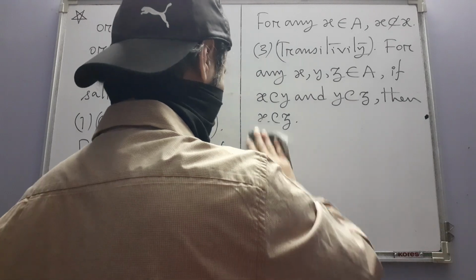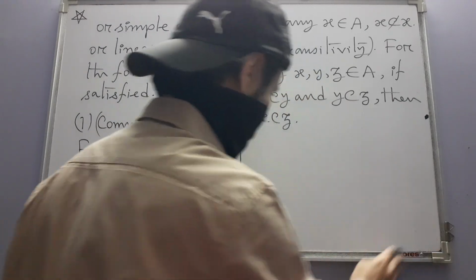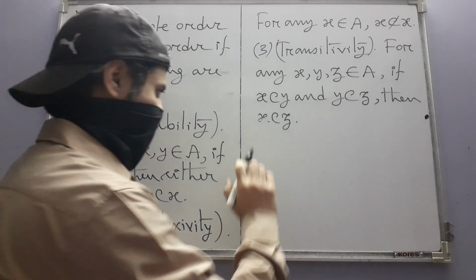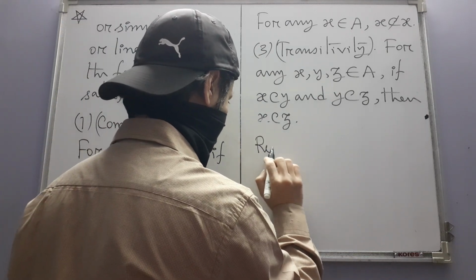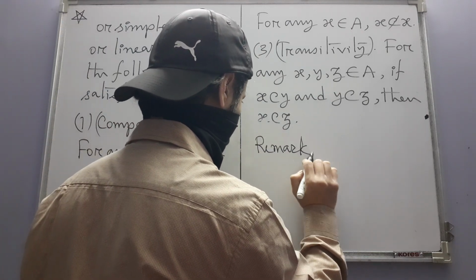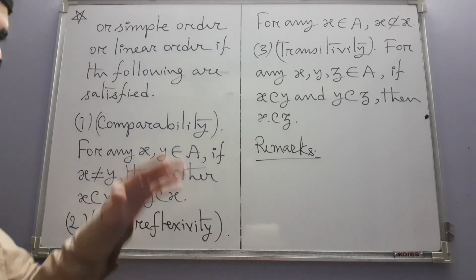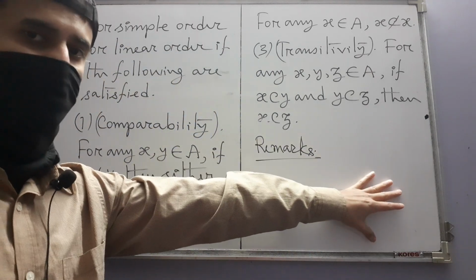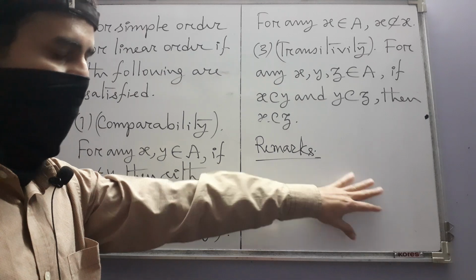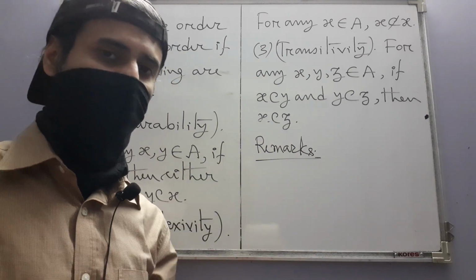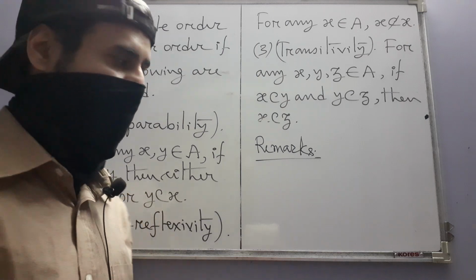Now let's see two remarks about this definition. One of the remarks is just about the name, ordered relation. What we are calling ordered relations, some other mathematicians would give a different name to these relations.